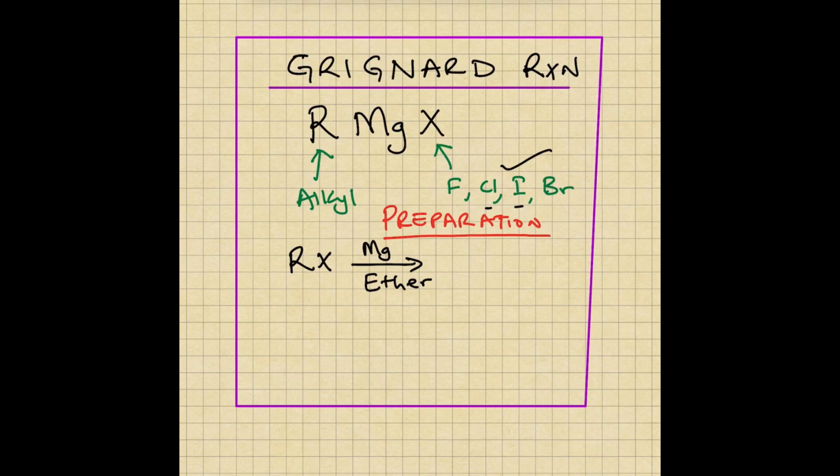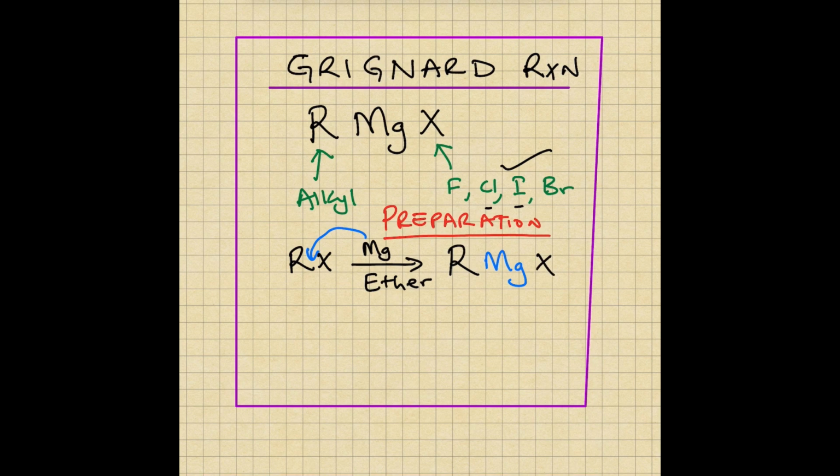So it's very important: you must use an ethereal solvent, and we'll see examples of ethereal solvents. And what ends up happening is that the magnesium ends up inserting between the alkyl group and the halide, and therefore you end up with alkyl magnesium halide.